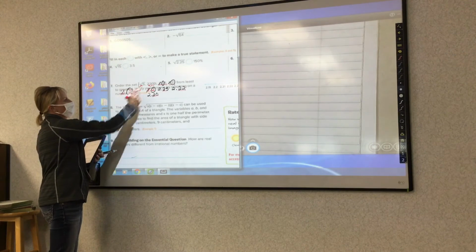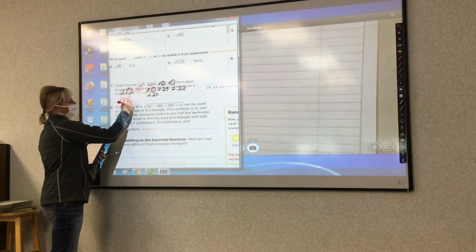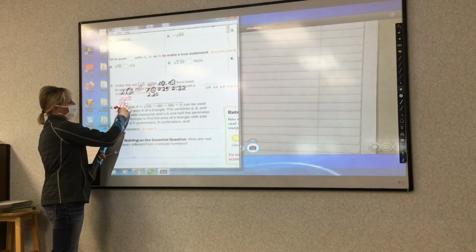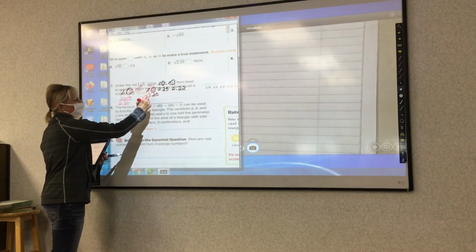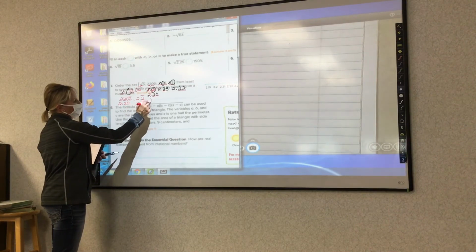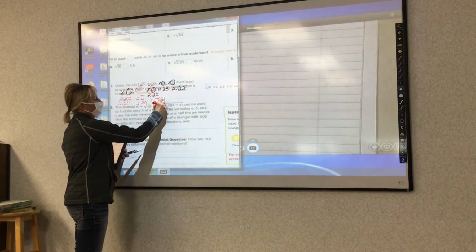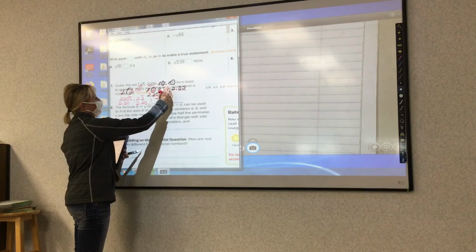20. So when I write it on the line, I'd say 220%, and underneath it, I'm going to put my decimal number. So that's the least. Then 2.2 repeated, which is like 2.20, is the next one. Then 2.25 is the next number.